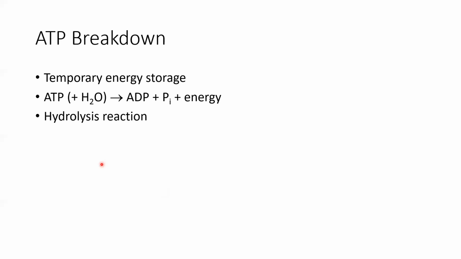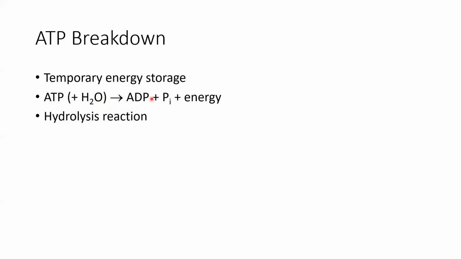And the way that we break it down is going to be a hydrolysis reaction, so the very opposite to that condensation reaction. So on the left of our equation, in this case, we have ATP. We're going to have to invest water here, right? It's a hydrolysis reaction. We're going to have to lyse or cut or open this water molecule to liberate that water.